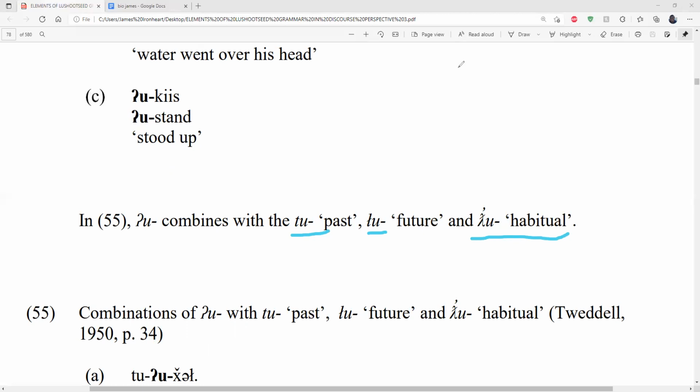So past tense is the fog came in, right? A while ago the fog came in. The future, the fog will come in, right? Or clue is habitually.